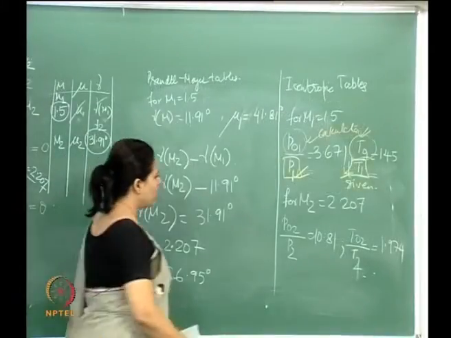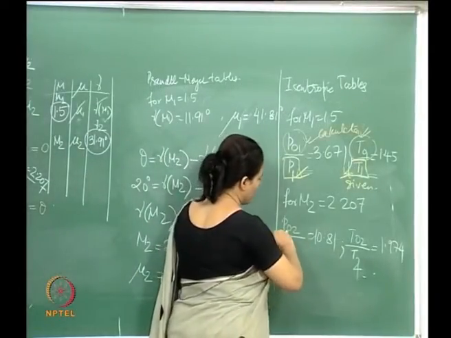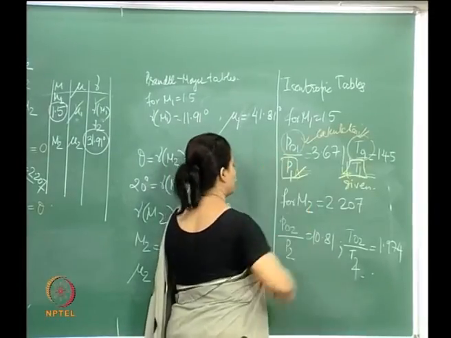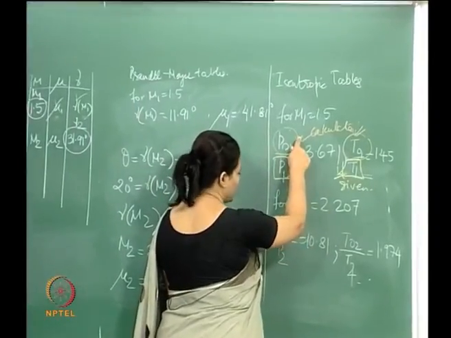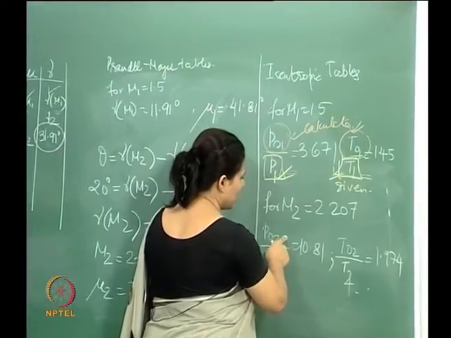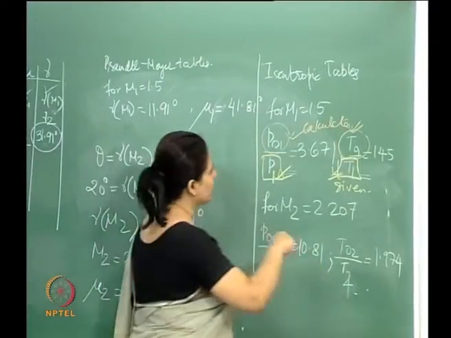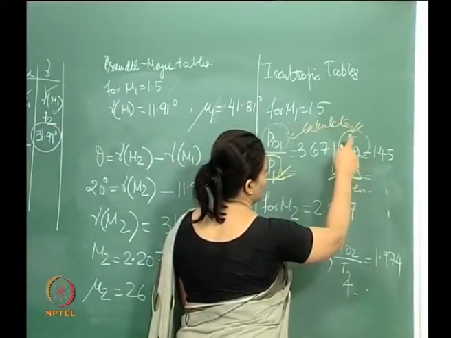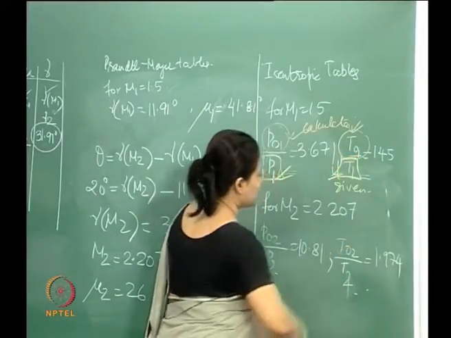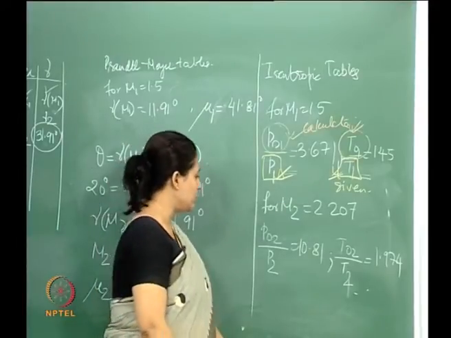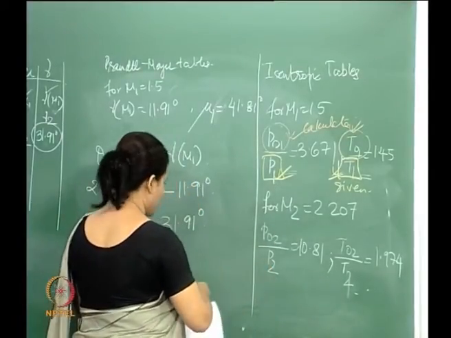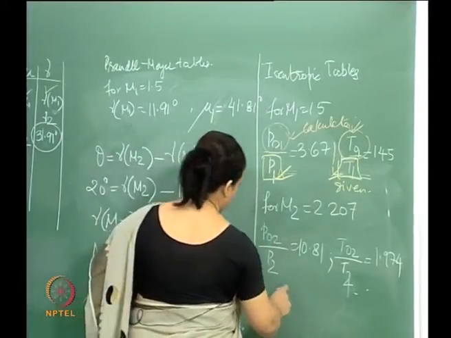What do we do? Well, because it is isentropic, P naught 2 is equal to P naught 1. So, the value that you calculate here you put in here. Then T naught 2 is equal to T naught 1, again because it is isentropic. So, again you use this value of T naught 1 which you calculated. Once you do that, you get P 2 and T 2.